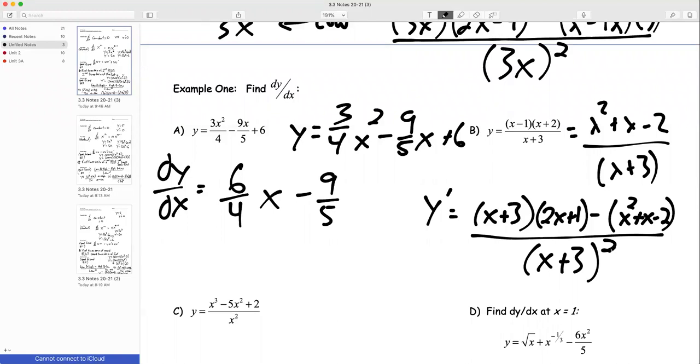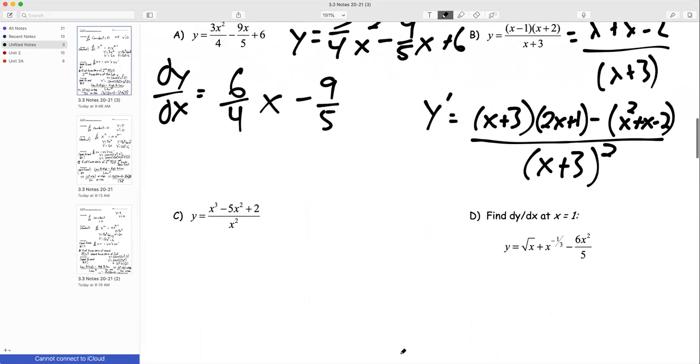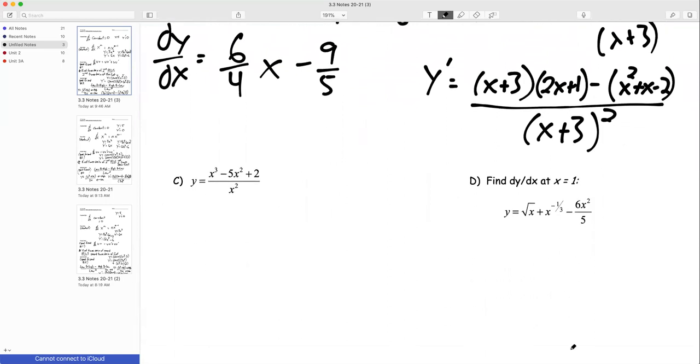Okay. The next one, I can work 2 ways. The first way is I'm going to do the quotient rule.